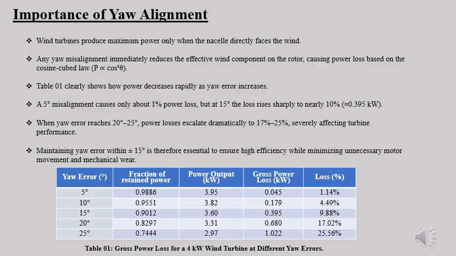Below 15 degrees, the loss is small enough that correcting every fluctuation is unnecessary, but beyond 15 degrees the drop becomes significant enough to justify yaw movement. Maintaining yaw error within this plus minus 15 degree range ensures high efficiency, reduces mechanical wear, and keeps the turbine operating smoothly under changing wind conditions.